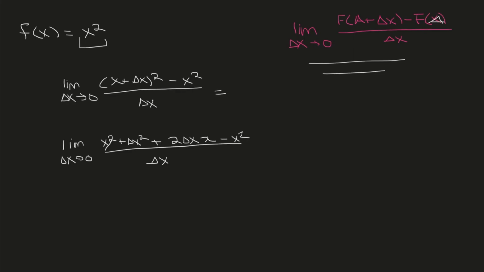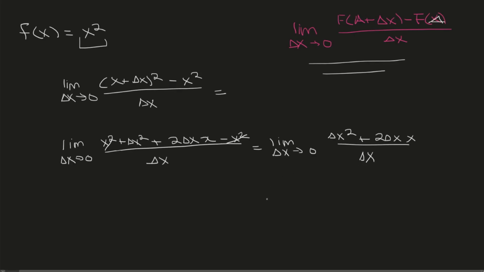So x squared and negative x squared cancel out, leaving us with the limit as delta x approaches 0 of delta x squared plus 2x delta x all over delta x. A lot of delta x's there.